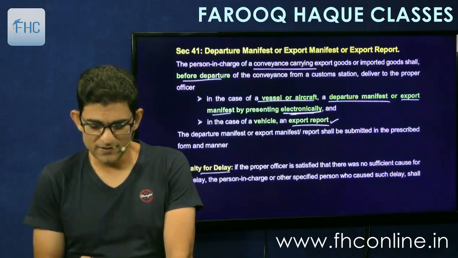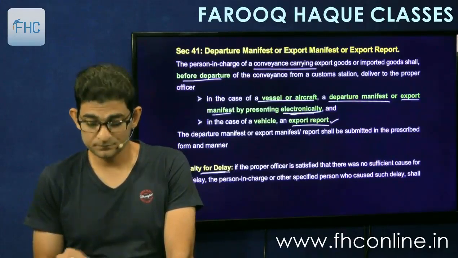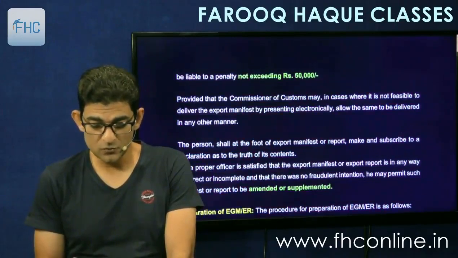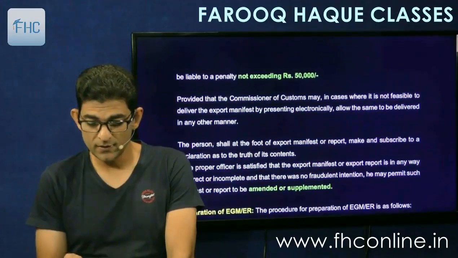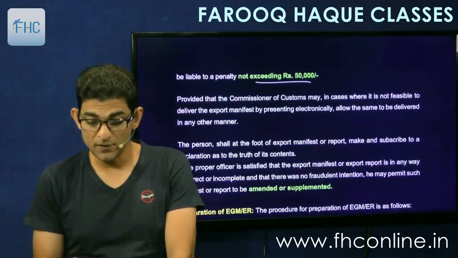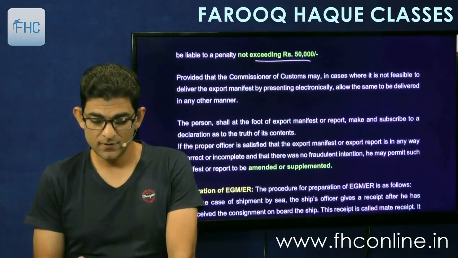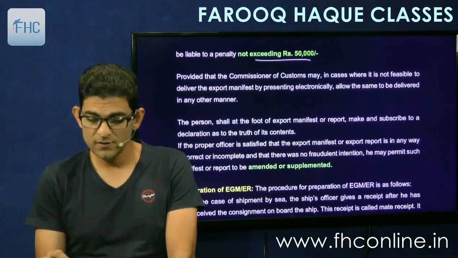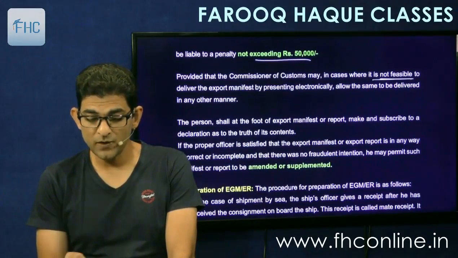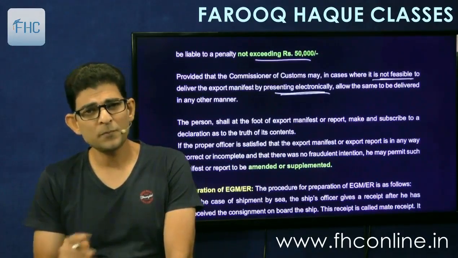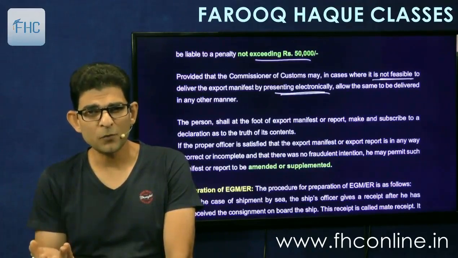And the penalty for delay is again up to rupees 50,000. If no sufficient cause is shown for the delay, then you may be liable to a penalty of up to 50,000. And then the provisos are there: if it is not feasible to file electronically, then you may be allowed to file in physical form also.